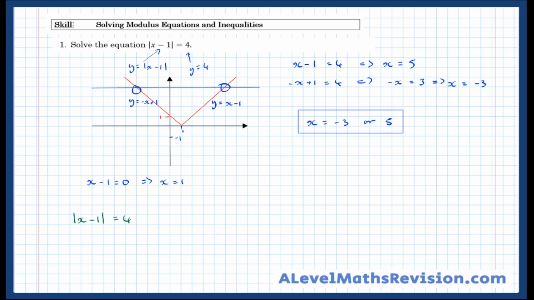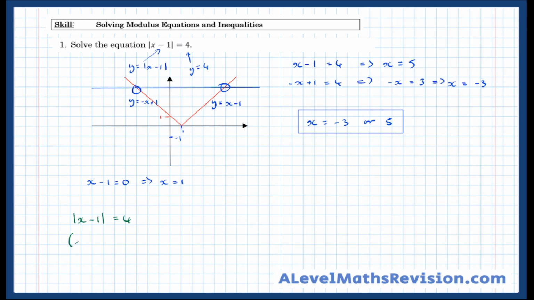For example, if we get the number 7 out of a modulus, we don't know whether it was 7 or minus 7 at the time it was put into the modulus. So the way we deal with that, not knowing whether something's positive or negative, is to square both sides, guaranteeing that both sides are made positive.